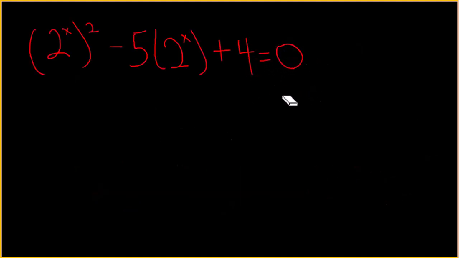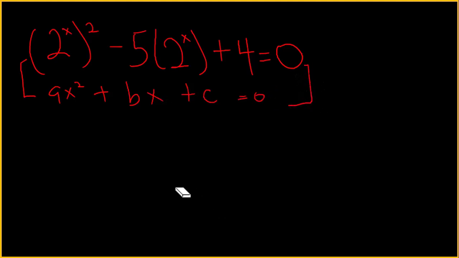Comparing this to the general equation, which is ax squared plus bx plus c equals 0, we have 2 to the power x raised to the power 2. Looking at this, we have the power 2, we have x which is to the power 1, and then we have a constant term which is our c.